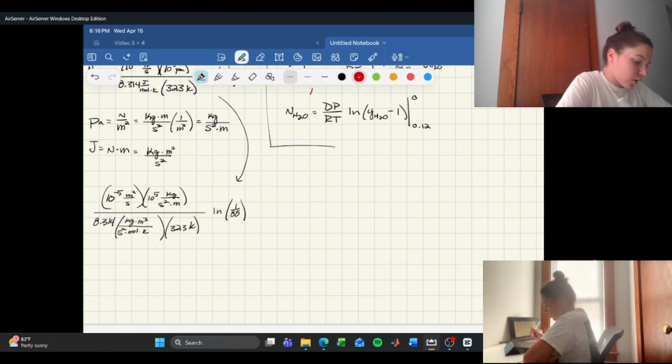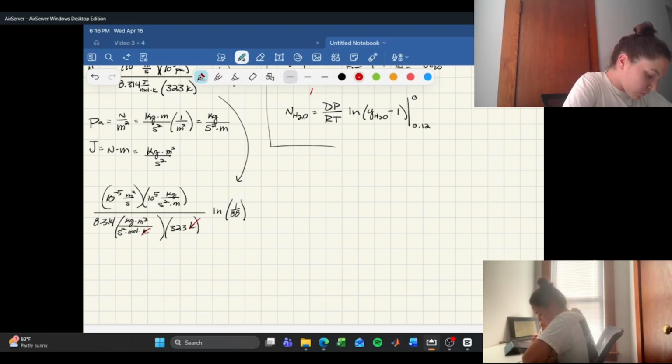Okay, now we can cancel out some units. So we have Kelvins cancel, meters squared, this will just be meters. Kilograms cancel, second squared cancels. Now we can finally calculate this.